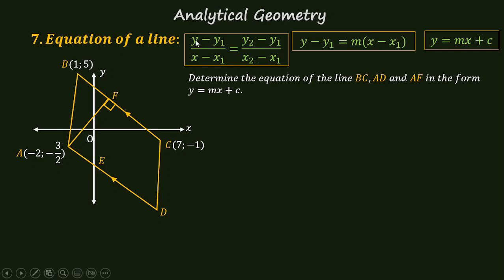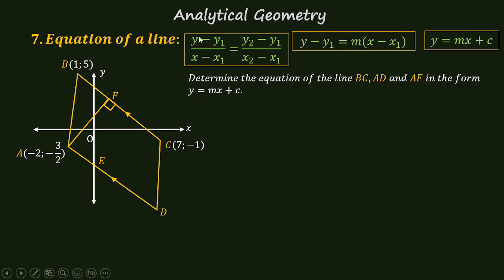You could use y minus y1, y1 being the first point that you pick. If the points are A and B, instead of saying y1 and y2, you could say y at A, y at B. In this case, let's stick with y1 and y2. So you say y minus y1 over x minus x1 equals the gradient. The gradient is y2 minus y1 divided by x2 minus x1.